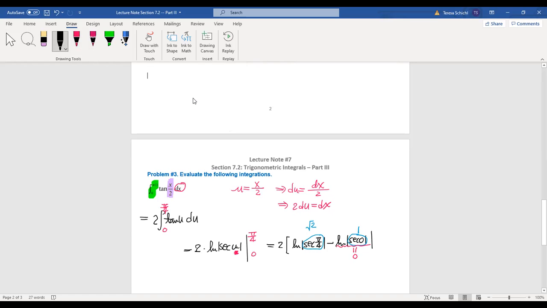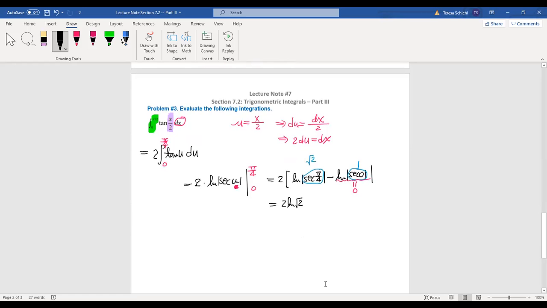So the answer here will be 2 times the natural log of the square root of 2. Or if you want to simplify a little bit, this is 2 natural log of 2 to the 1/2. Then you can move this 2 inside using the natural log rule, so it's the natural log of 2 times 1/2, which gives you natural log 2 as your answer here.